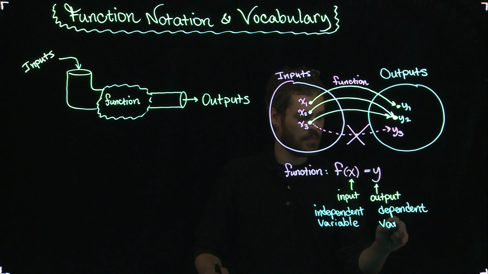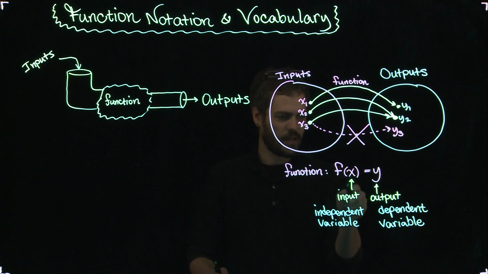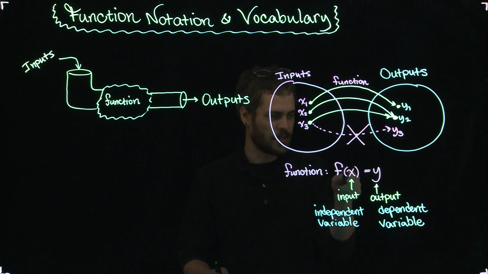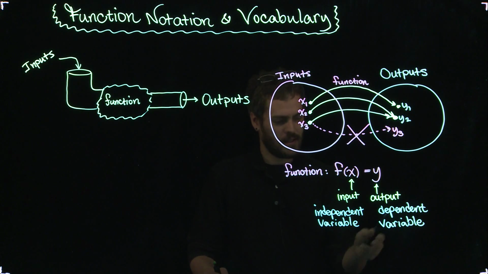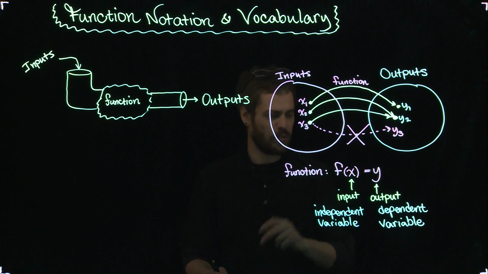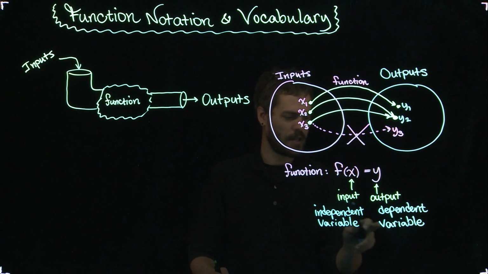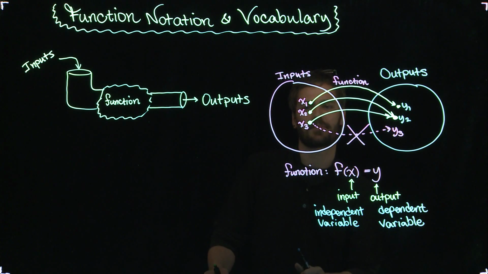Okay. It's dependent because it depends on whatever our input is. Okay? We don't get the output until we put in the input. And when we put in the input, the function does something to it to give us the output. So the output is dependent on the input. The input is the independent variable. The output is the dependent variable.